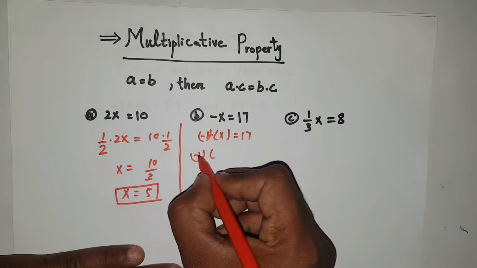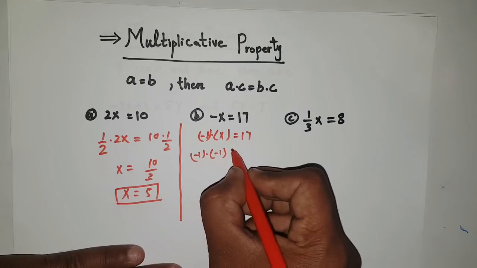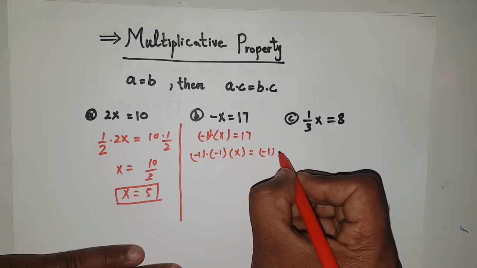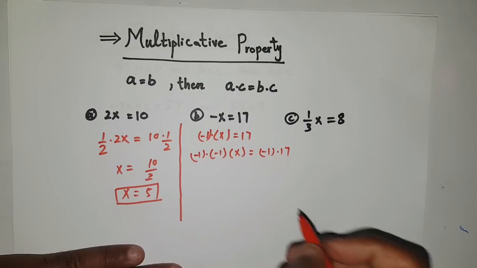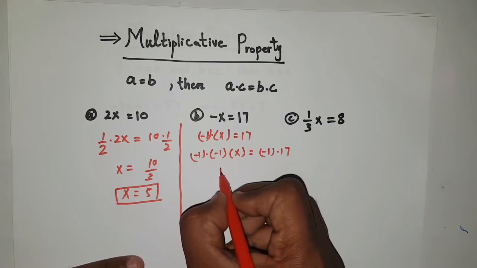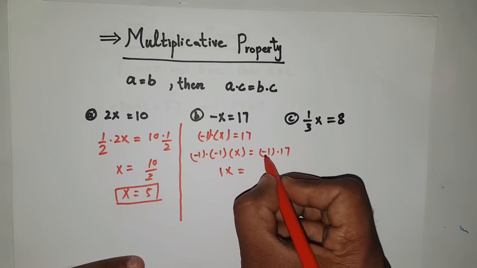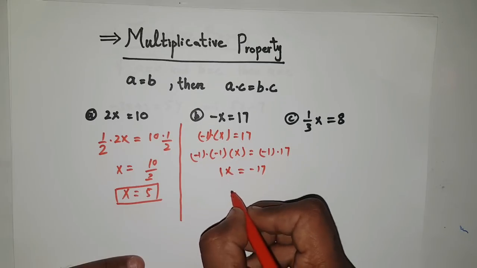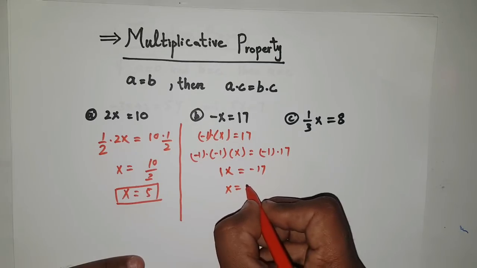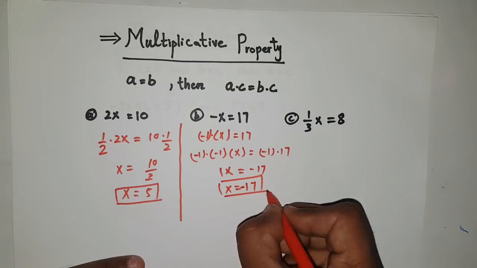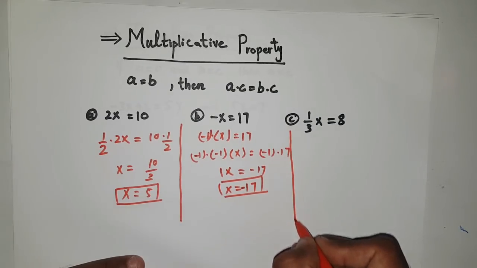So minus 1 multiplied by minus 1 multiplied by x is equal to minus 1 multiplied by 17. Minus 1 multiplied by minus 1 gives 1, so 1x is equal to minus 17, and we can write 1x as simply x, which is equal to minus 17. This is our solution.